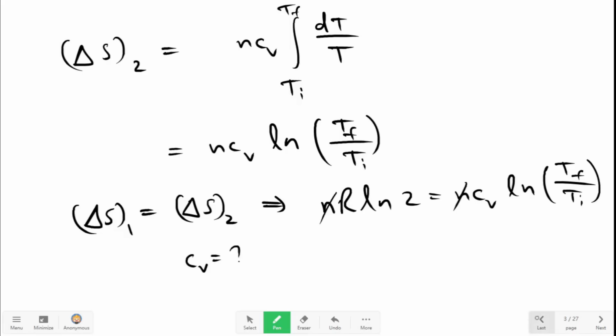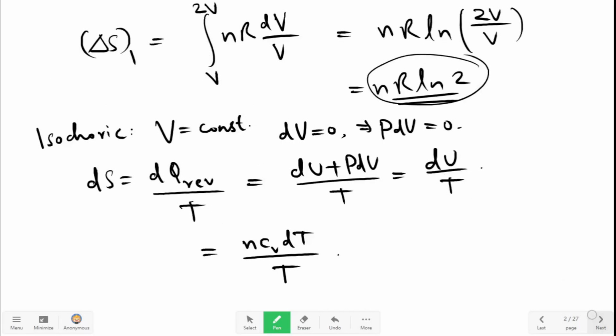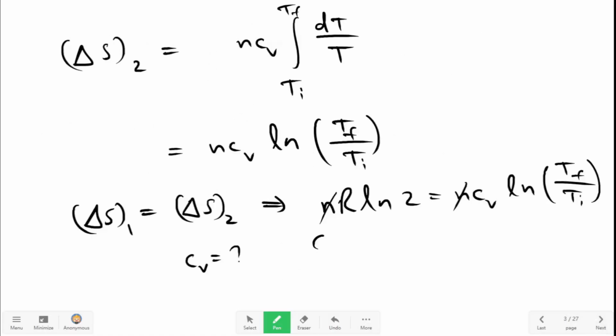To find the value of Cv, we are given some information, which is gamma is equal to Cp by Cv is equal to 3 by 2. This implies Cp is equal to 3 by 2 Cv.